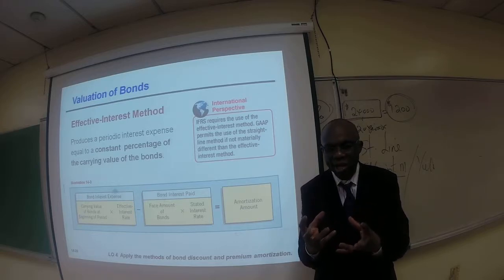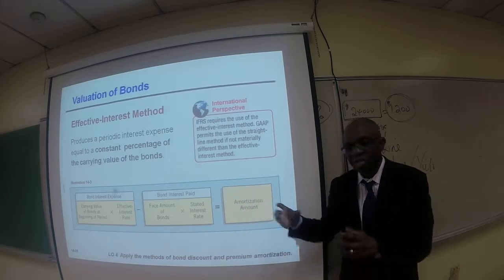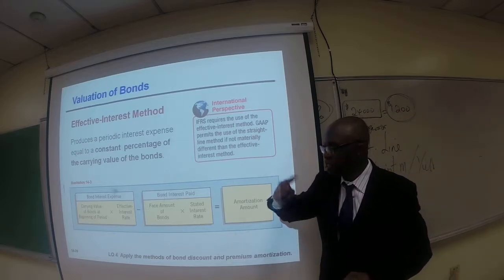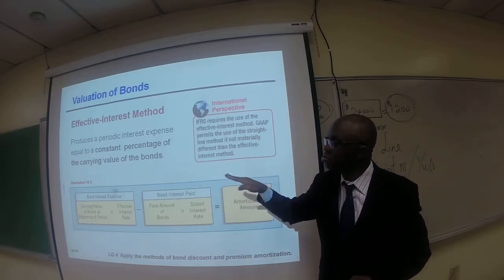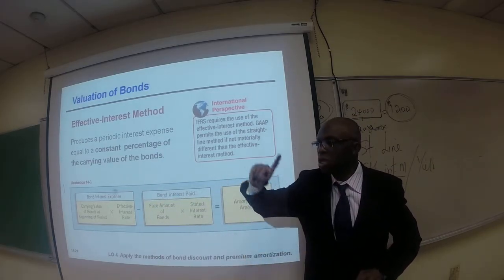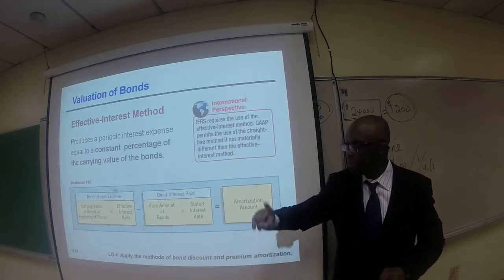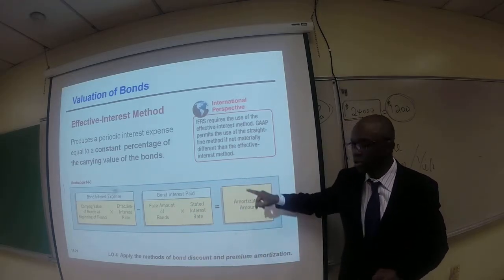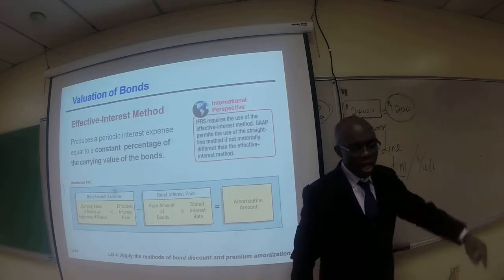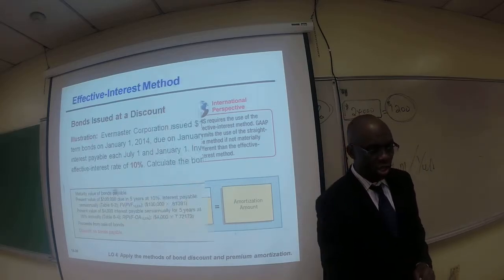That is the actual cash interest payment. So the difference between both is the amount that you amortize. So here we have $1,200 every 6 months. But when you use the effective interest method, because the carrying value changes every interest payment period, the amount that you amortize is not the same across the board like the straight line method. We are going to demonstrate that in a minute.